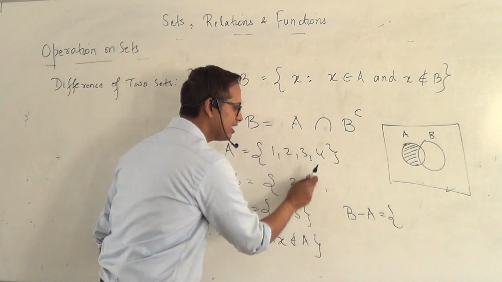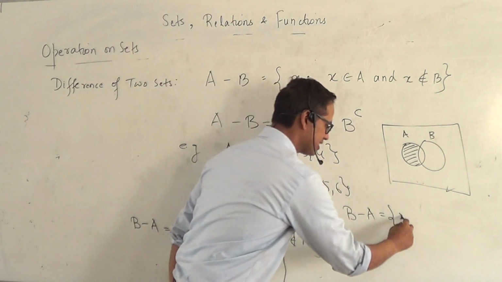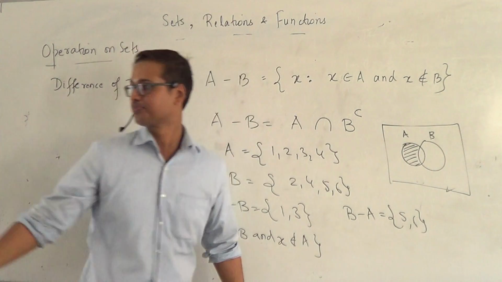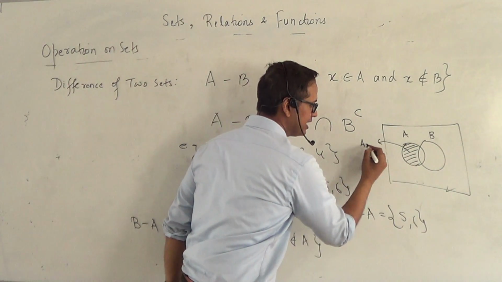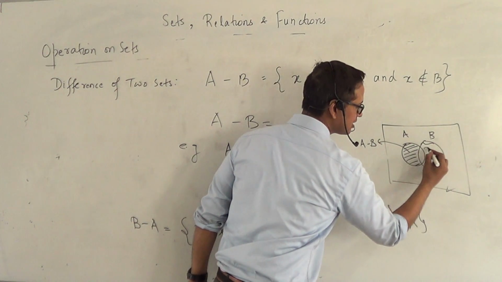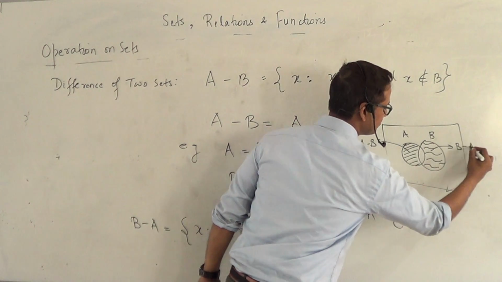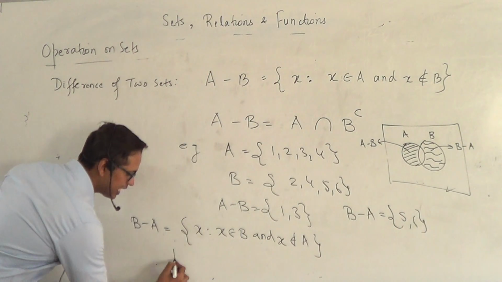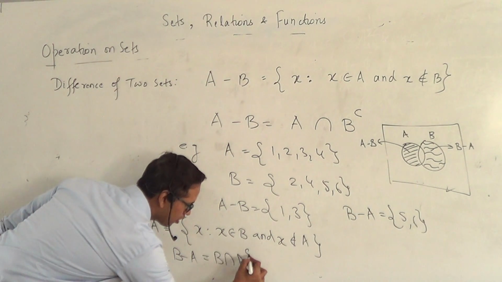But let's say if I had 5 and 6, then you say 5 and 6. So this is A minus B, whereas this is B minus A. You can also write B minus A as B intersection A complement.